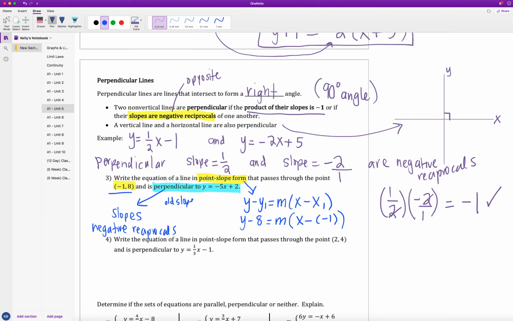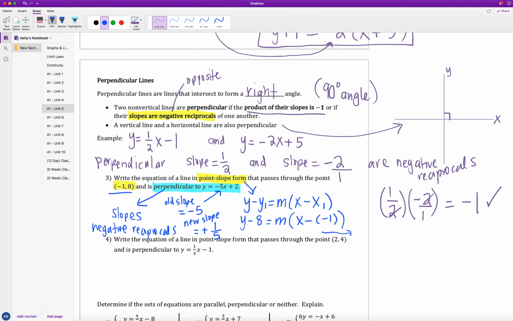The slope of the line that's given is -5. To find my new slope, I need to flip the sign. So my new slope is going to be positive, since my old one was negative. I've taken care of the opposite portion, and I also need to find the reciprocal. The reciprocal of 5 is 1/5, so my new slope is positive 1/5.